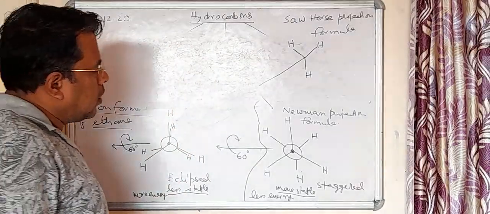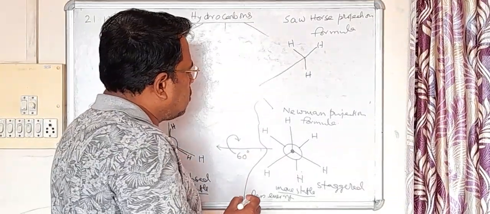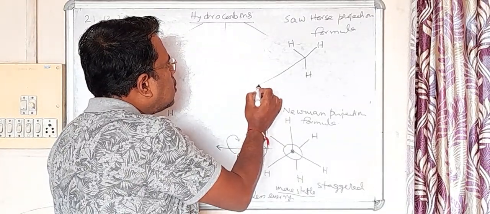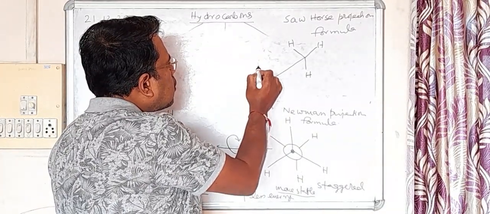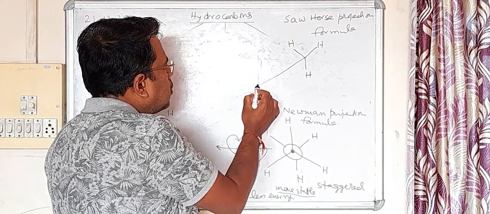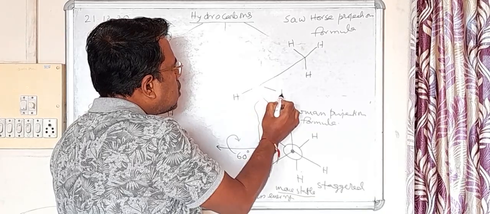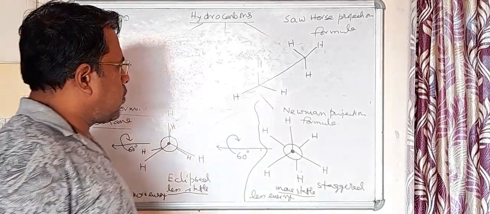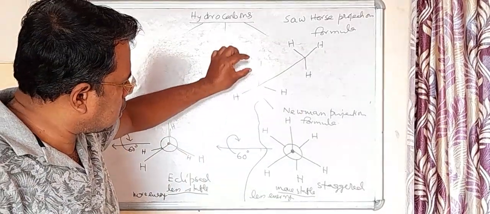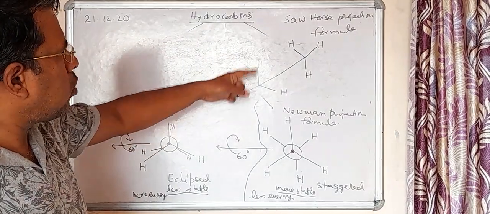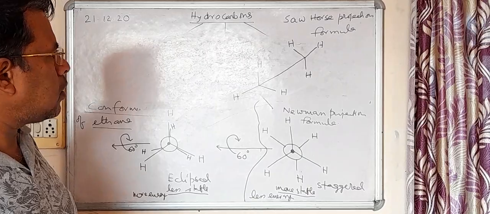And for the other carbon atom, the staggered form, we will show it like this: one hydrogen here, one hydrogen here, one hydrogen here. This is the staggered form of ethane, according to the Sawhorse projection formula.